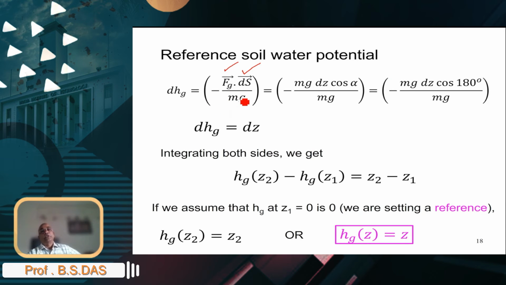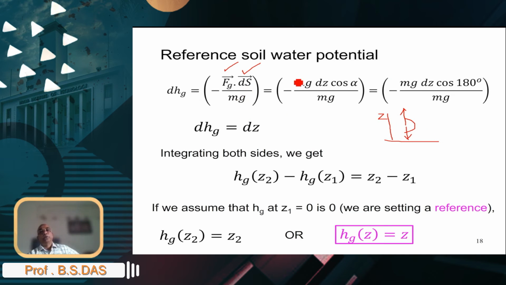Think about setting up a coordinate system where the z coordinate axis is directed upward, and you have water moving downward because of gravity. So the force due to gravity acts downward, and the displacement vector goes upward, and so to resolve it you need the angle between these two forces.